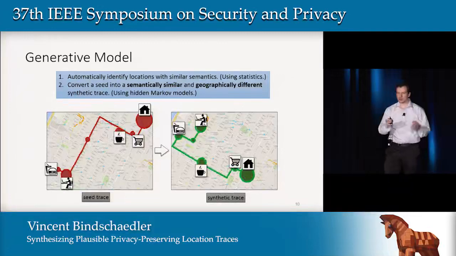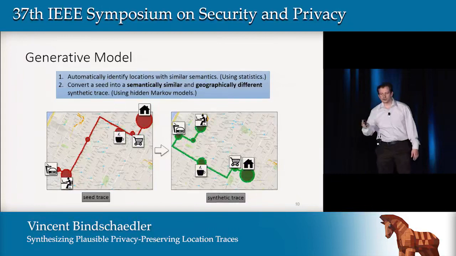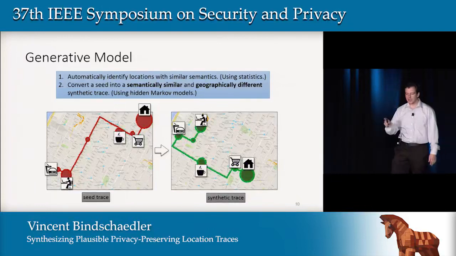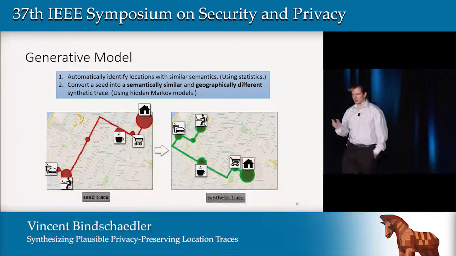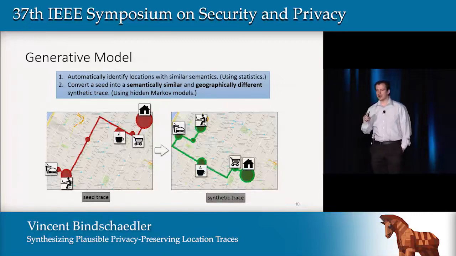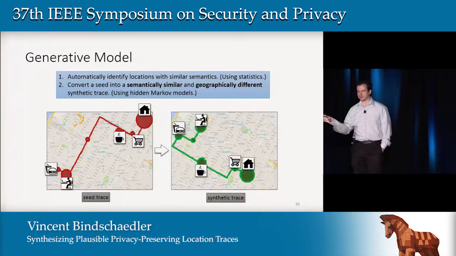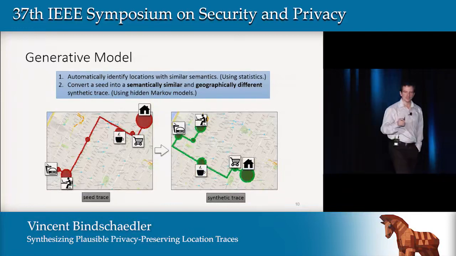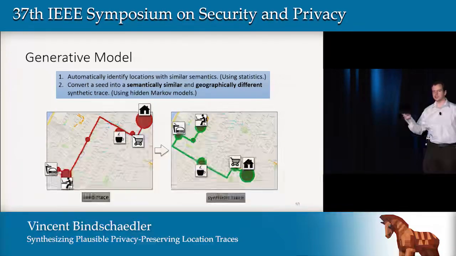What that means is we're going to end up with classes of locations, maybe one class for the home locations, one class for the work locations, one class for maybe the shopping centers. And with this, we can now produce a synthetic trace starting from a seed trace by converting the seed trace into a semantically similar, yet geographically different synthetic trace. So the idea here is we want to discard the geographic features because these are sensitive, but we want to keep the semantic features the same because these are useful.